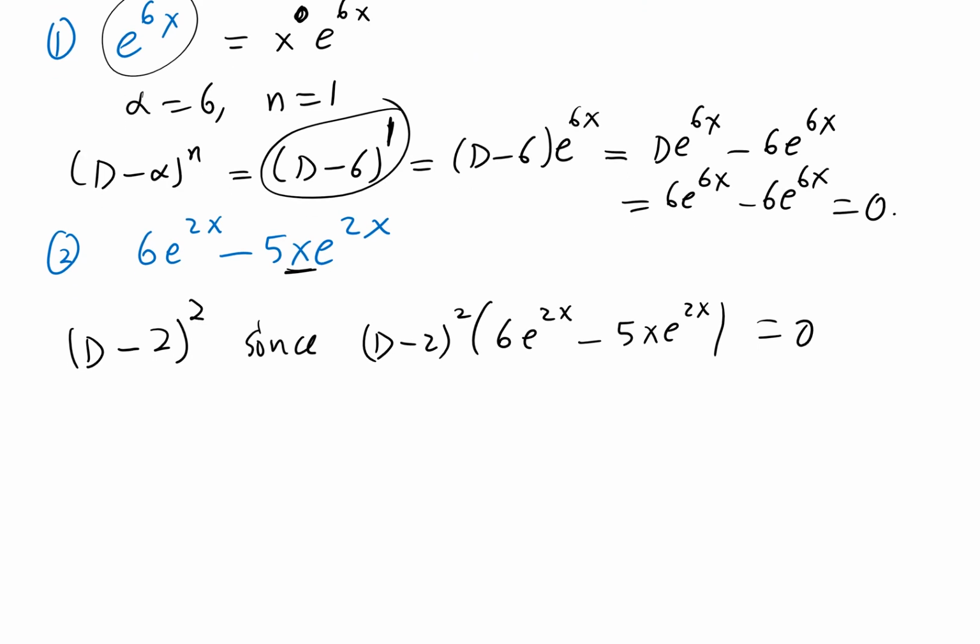And you may try it, like you can expand this, d squared minus 4d plus 4 of 6e to the 2x minus 5x e to the 2x.